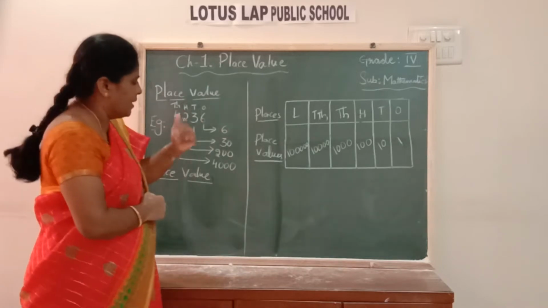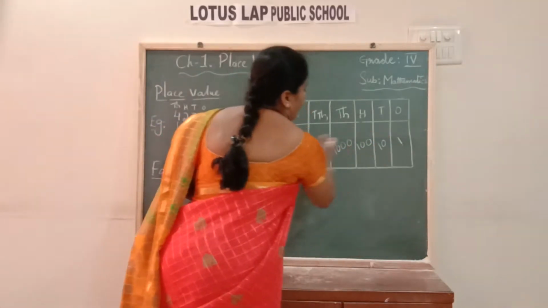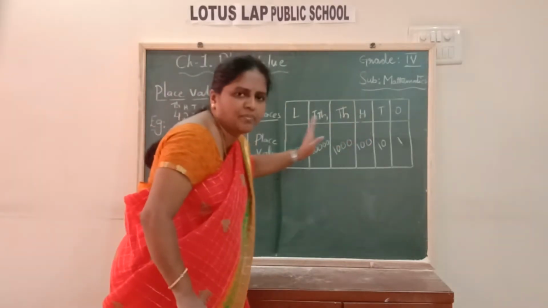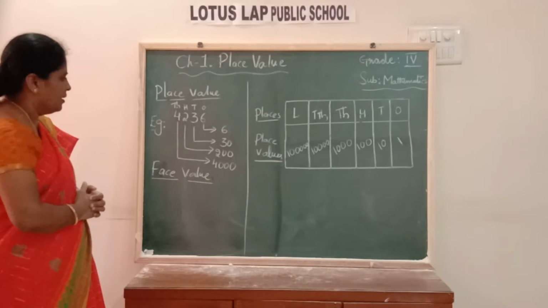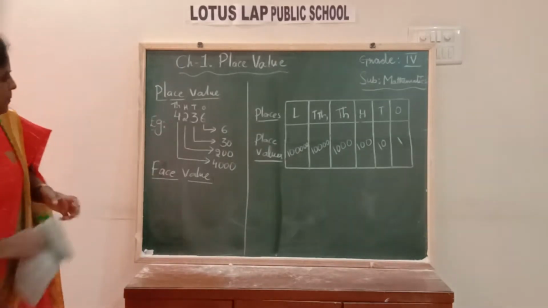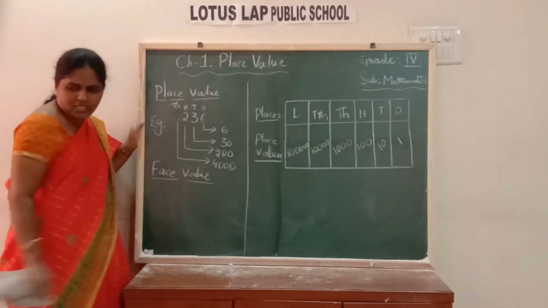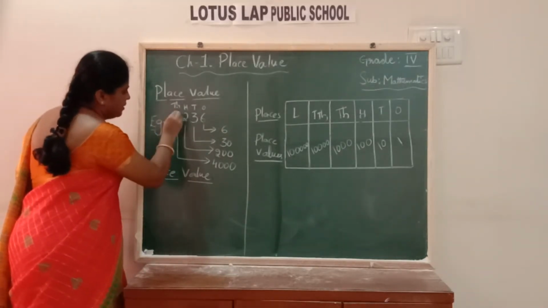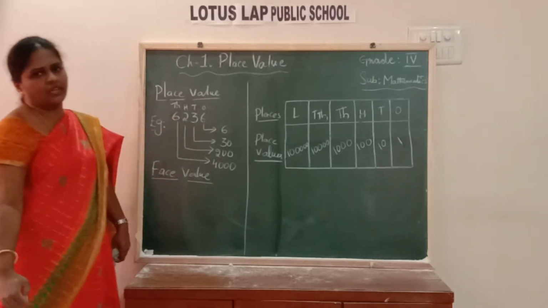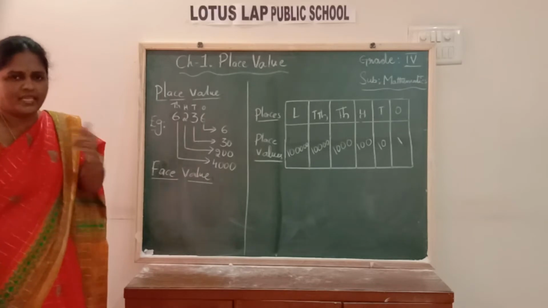Now you can observe very clearly that the place values increase from right to left. That is, as you go to higher places, the values also increase. Now let me change this example: I make the digit in the thousands place 6 again.